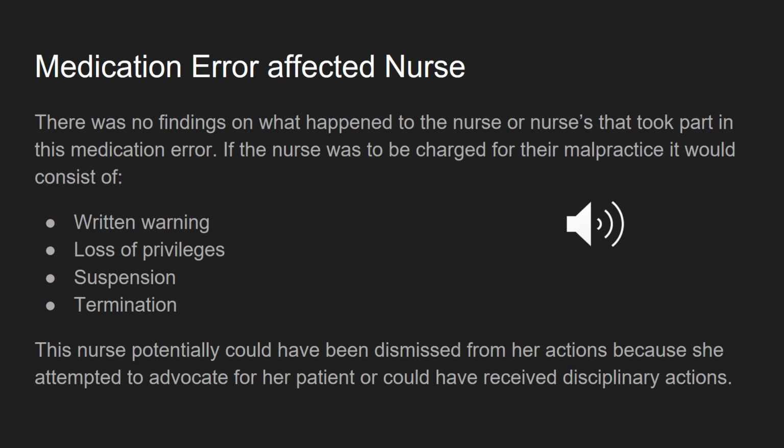They could have also lost their license. This nurse could have received leniency, considering that she did attempt to advocate for the patient, even though it wasn't effective. Or the nurse could have received one or multiple forms of these disciplinary actions.